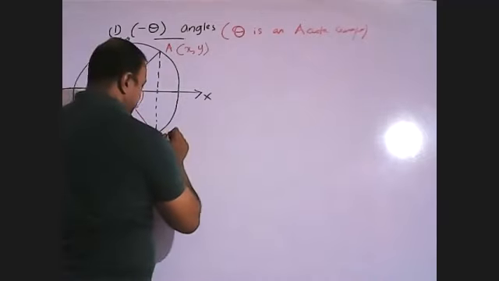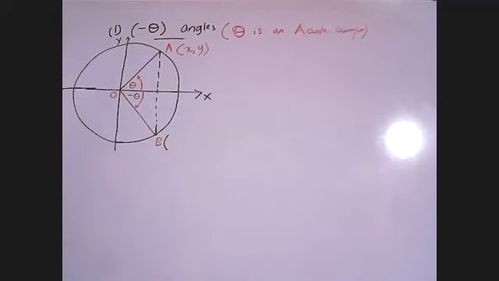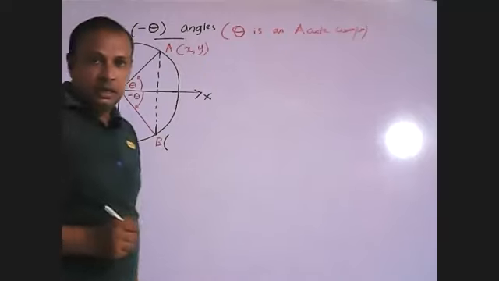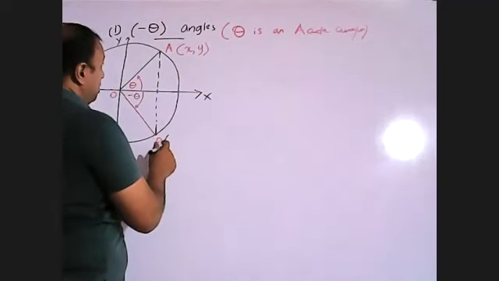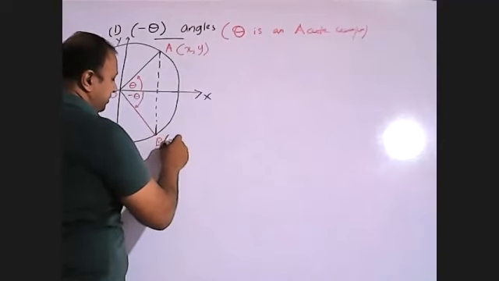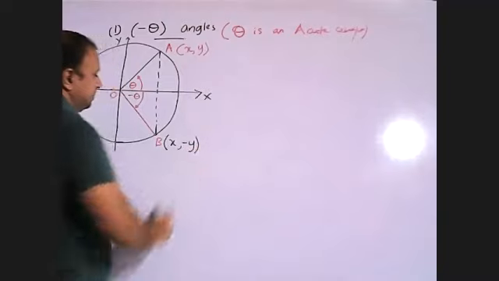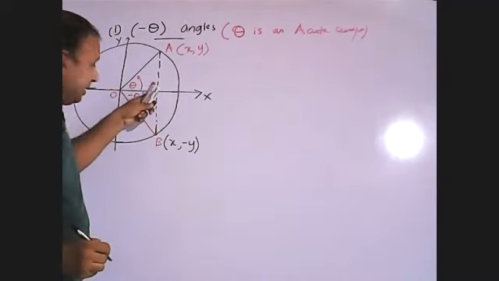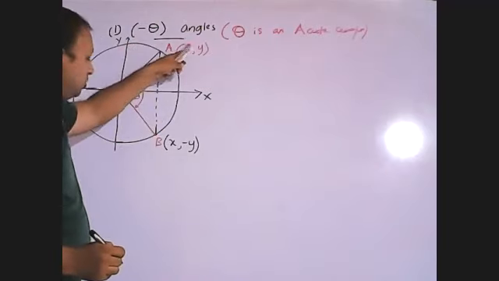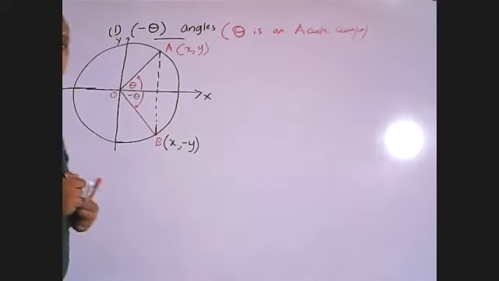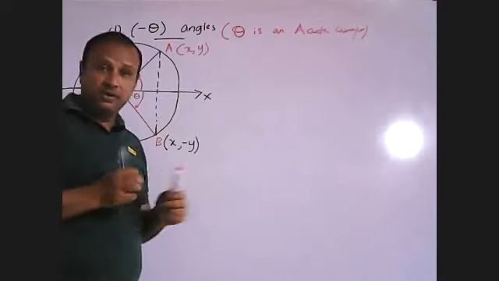Coordinate of point B. Sorry, x, minus y. The x coordinate is the same, because x is not changed, no? But the y coordinate, here positive value, here the negative value. Therefore, the y coordinate is changed to a negative value, but the x coordinate is not changed.